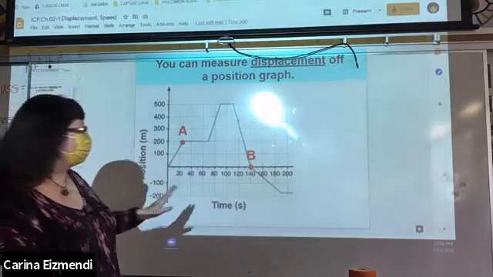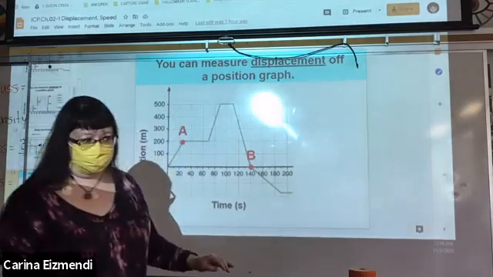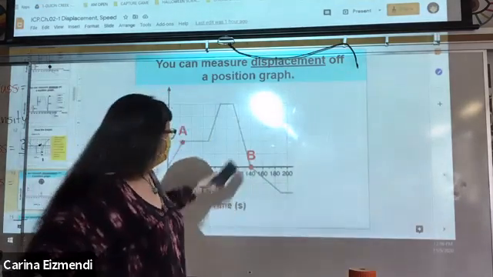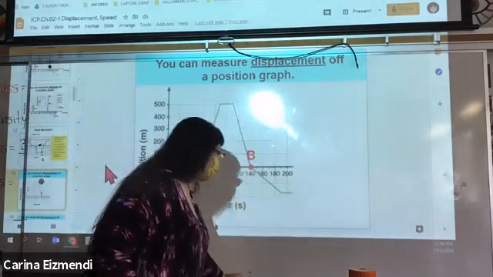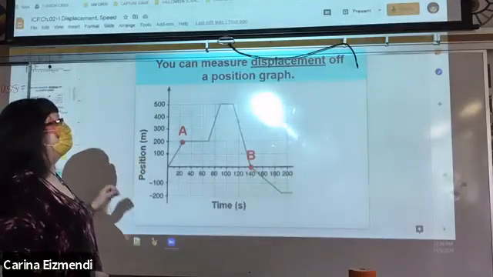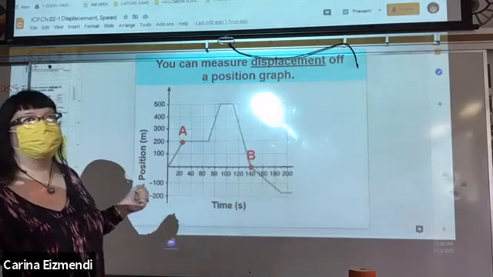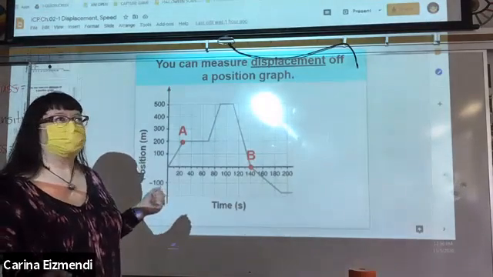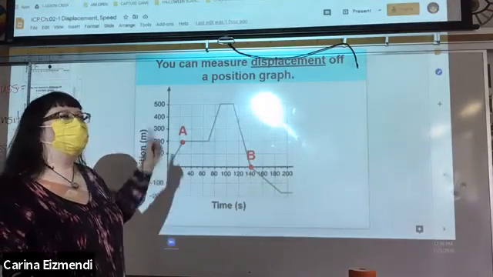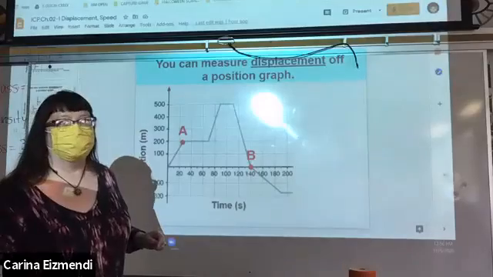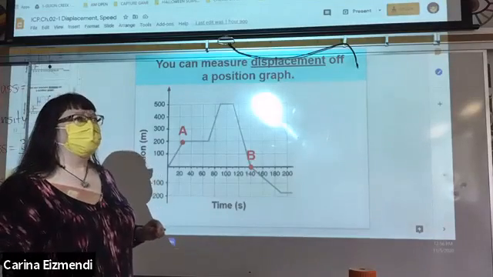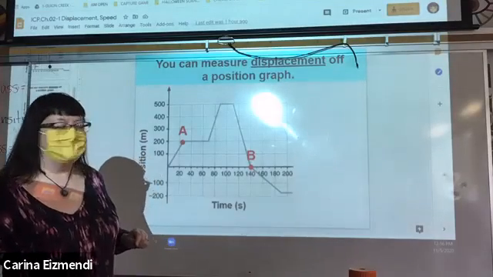But here's what I did not say explicitly before, that I just realized. You measure displacement off of a position graph too, but it's different because displacement doesn't care how far you went on your path. It matters where you ended up.